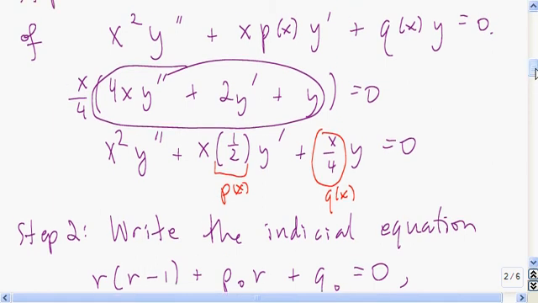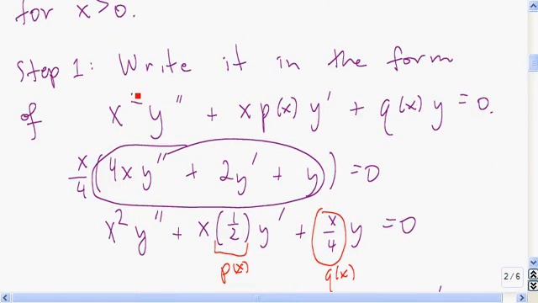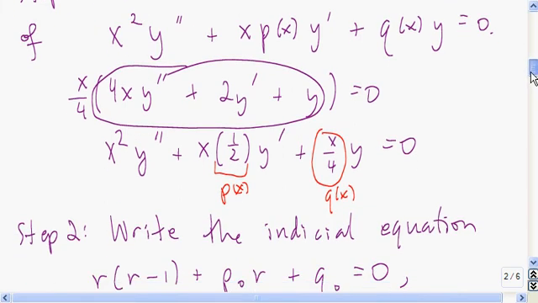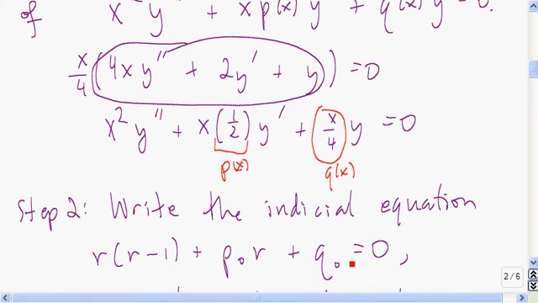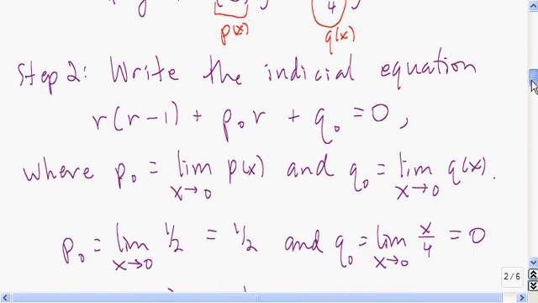Then you write it into this form here, and you form your indicial equation right here, where for p0, we take the limit as x goes to 0 of this multiplied by the x. For q0, we take the limit as x goes to 0 of the coefficient of y.